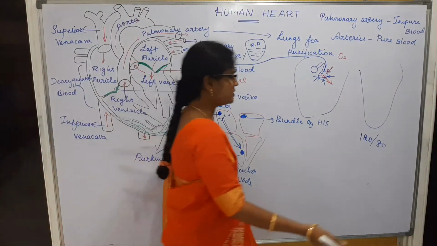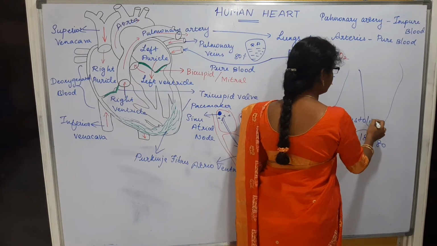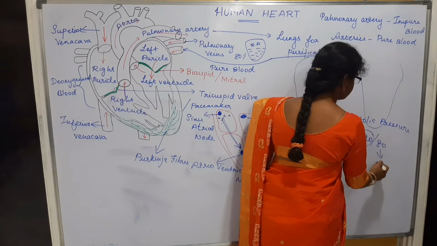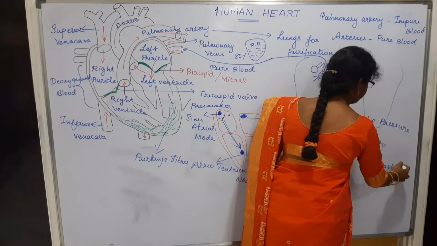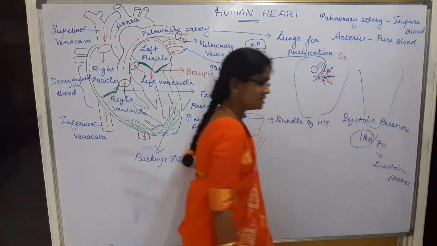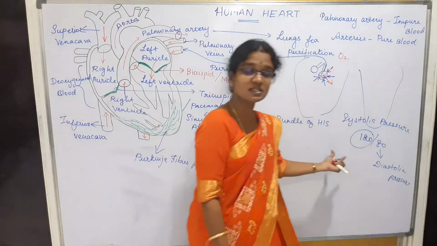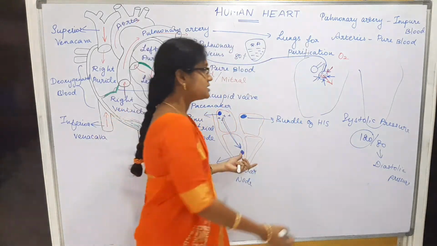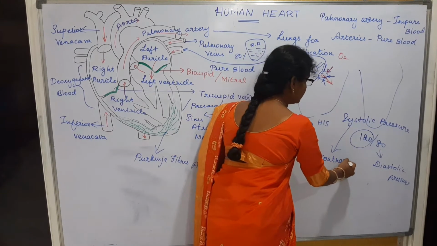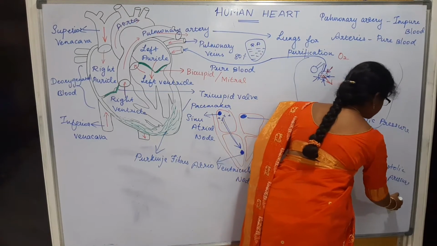What does this mean? 120 is the systolic pressure, whereas 80 is called the diastolic pressure. Another way to memorize it: the systolic pressure is the contraction, and the diastolic part is the relaxation.